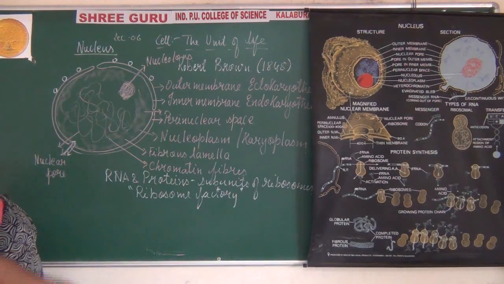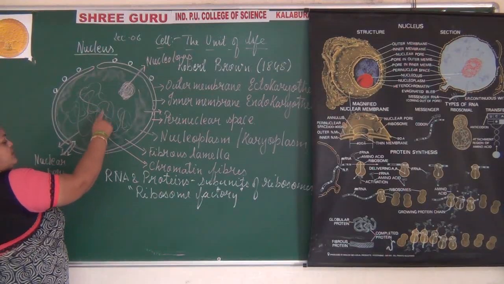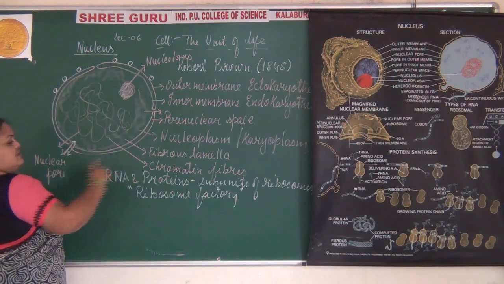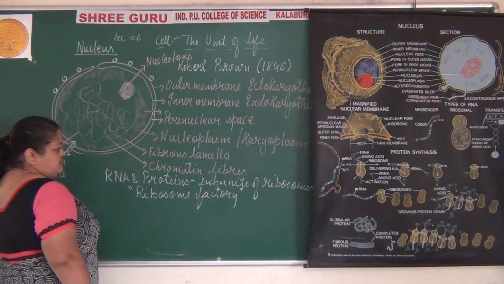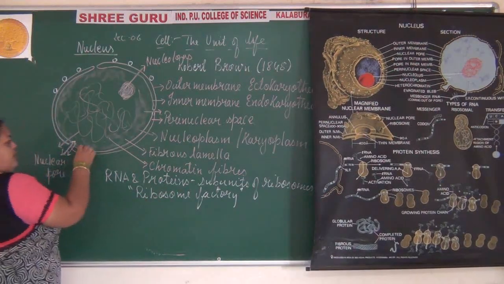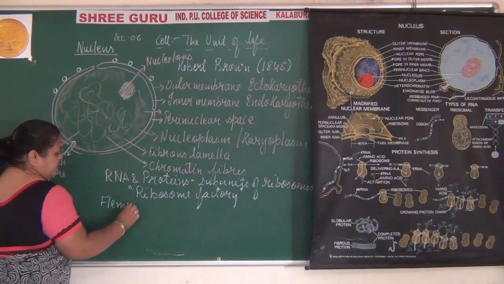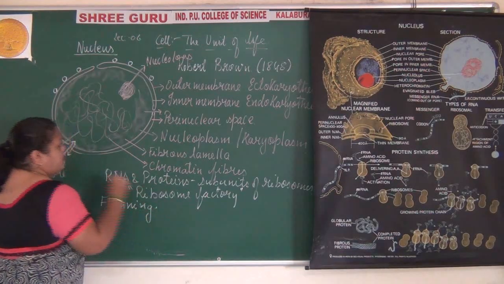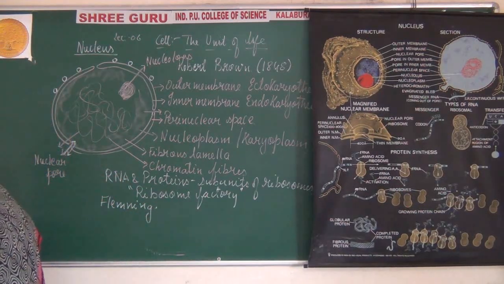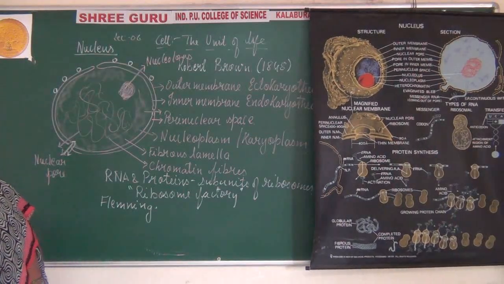Then, inside the nucleus, you will find thread-like structures known as chromatin fibers. The chromatin fibers were discovered by Fleming. He observed them and found that the chromatin network has two areas.